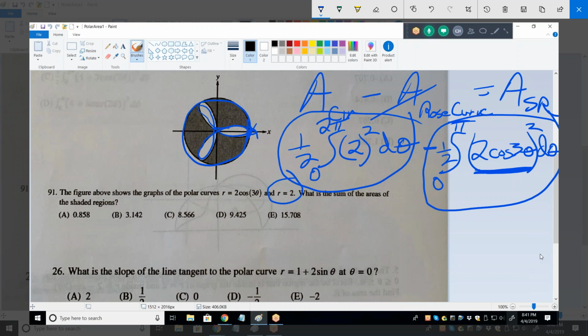What's the integral of 4 d theta? 4 theta. And we still have that 1/2, so it's 1/2 of 4 theta evaluated between 0 and 2 pi.